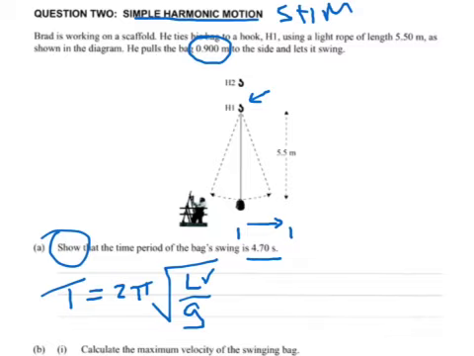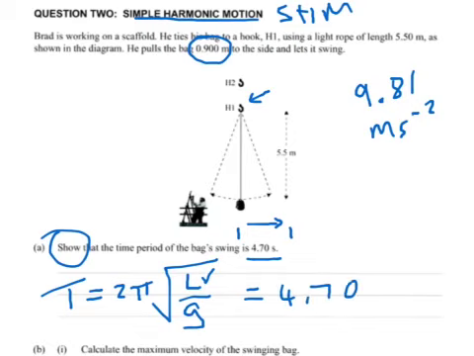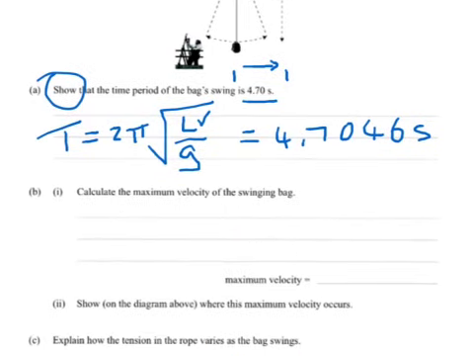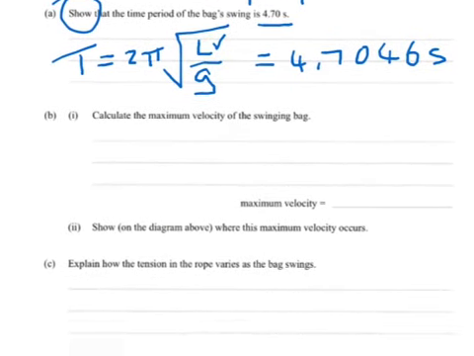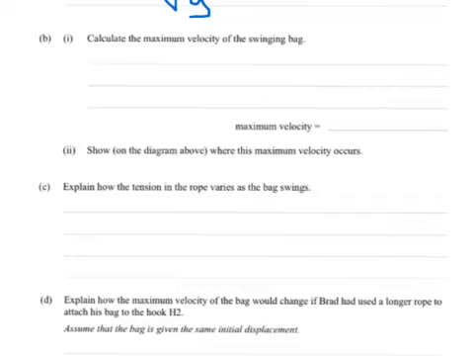We have L, and if g isn't given in the resource, we can always assume it's 9.81 meters per second squared, or newtons per kilogram. Plugging those in, our unrounded value is 4.7046 seconds.